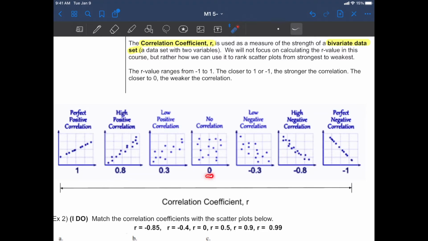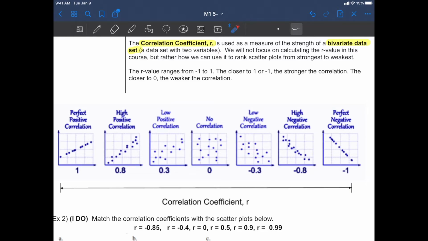And here is an R value of 0. There is no correlation. I don't know if the line is positive, negative, flat. It's just everything is all spread out. And now if we start going in the negative direction, the only difference between these two is that this one was positive, this one is negative. So it's still pretty weak or low.